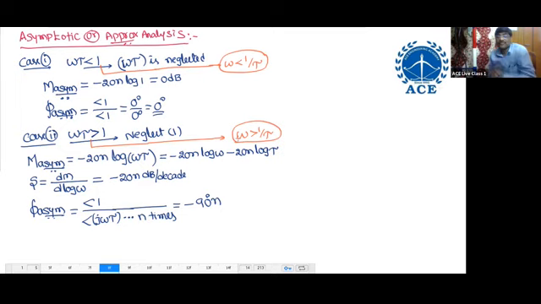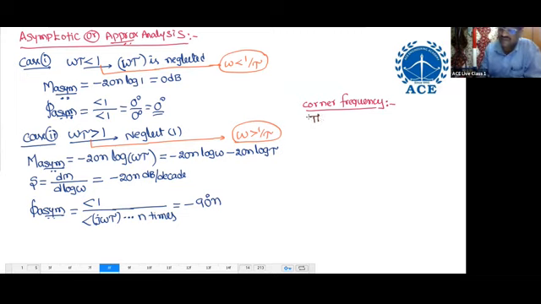Now listen. What is the corner frequency? Corner frequency means the frequency at which the slope changes from one level to another level.